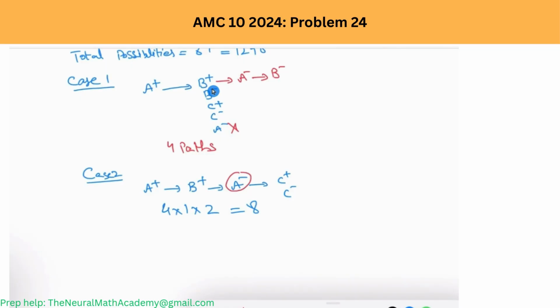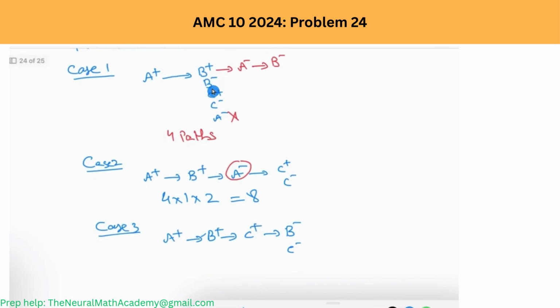So another possibility that I can have there would involve the perpendiculars, which will not have a minus in there. So let's call that case 3. In the third case, I will go from basically A plus to B plus to C plus, to B minus, or I can go to C minus.